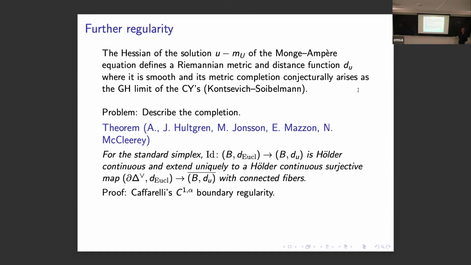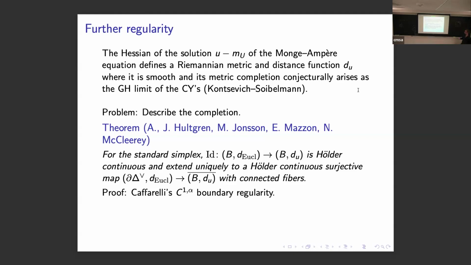This B, this part outside the singularities, also has this Euclidean metric. So you can consider the identity map where you use this Riemannian metric that you get from the Hessian of u. And then we get a result that it is continuous and extends.